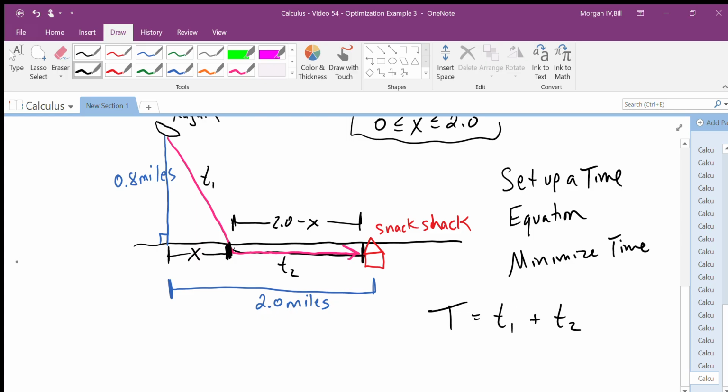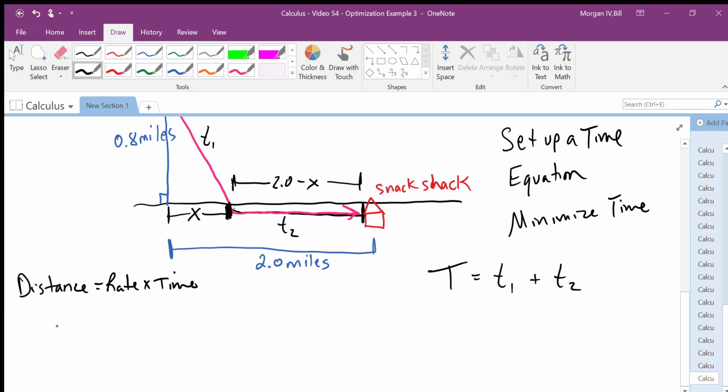Okay, let's think back here. We know that distance equals rate times time. But we're trying to set up a time equation, so let's solve for time. We know that time is equal to distance divided by rate.